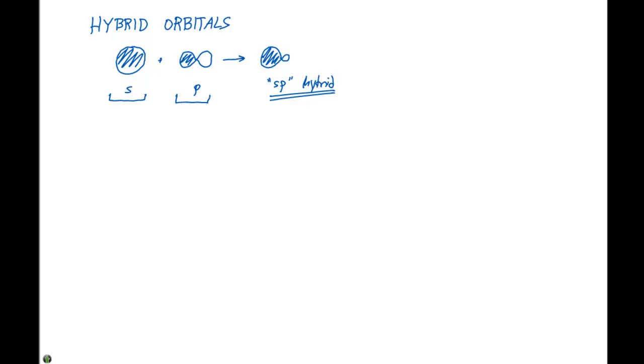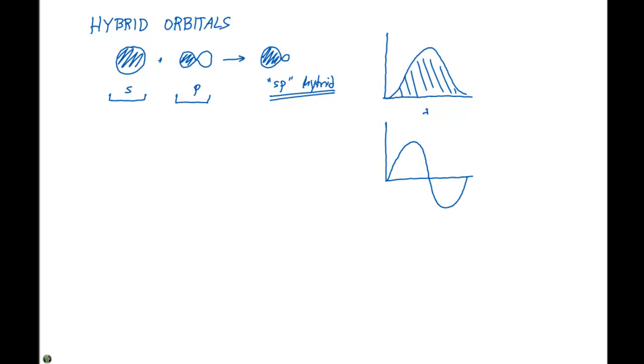So if we have an s orbital, we can graph its probability function or its wave function to look like this. We're going to add to that a p orbital, which is going to look something like this.